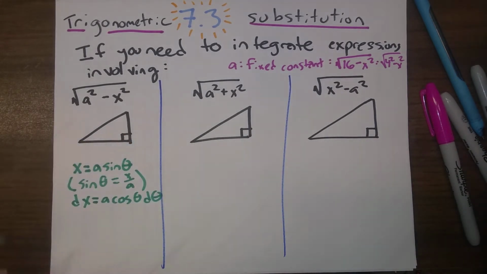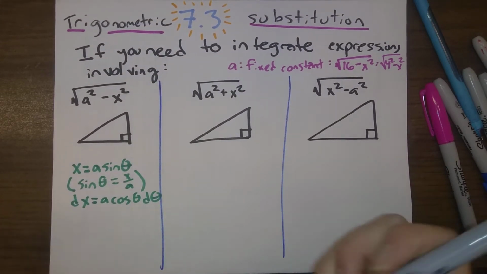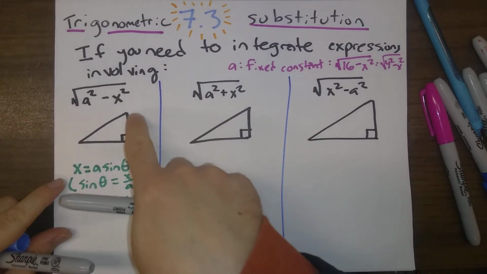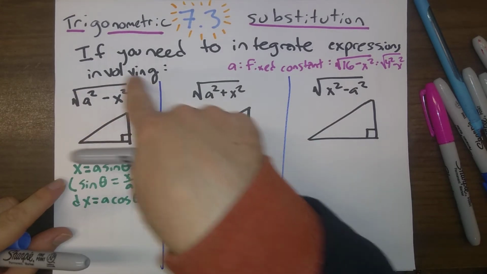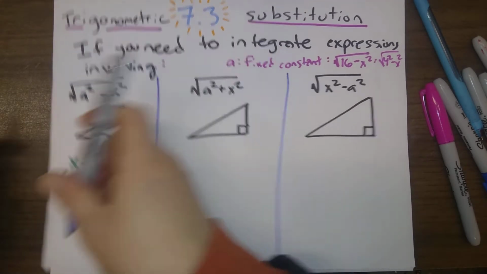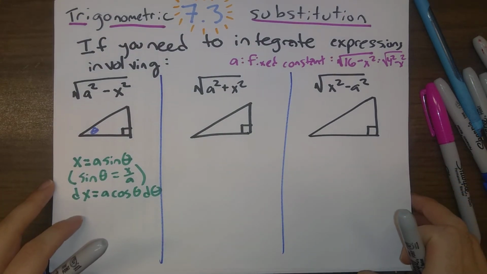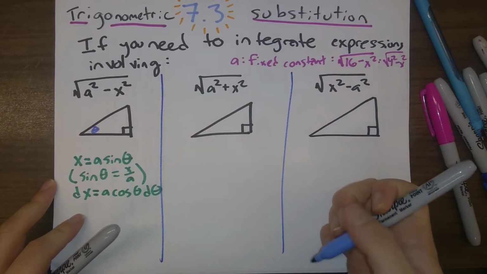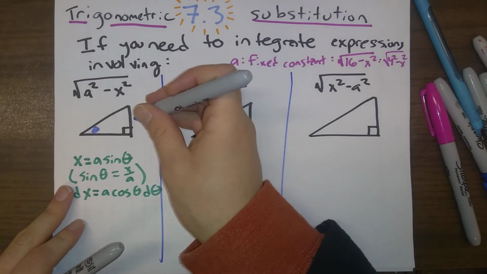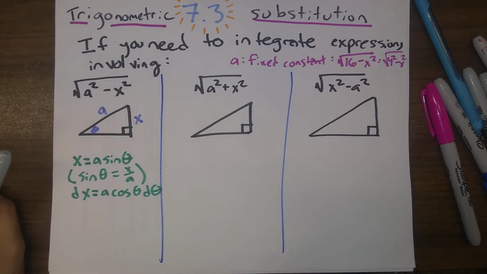Let's go ahead and fill in the sides of this triangle now, and then we'll see why this is a good choice to deal with things of the form square root of a squared minus x squared. Let's say that angle right there is theta. So sine theta is x over a. Here is a right triangle with sine of theta equal to x over a.